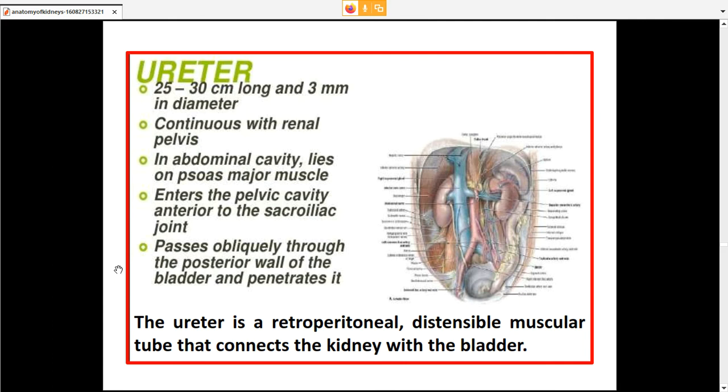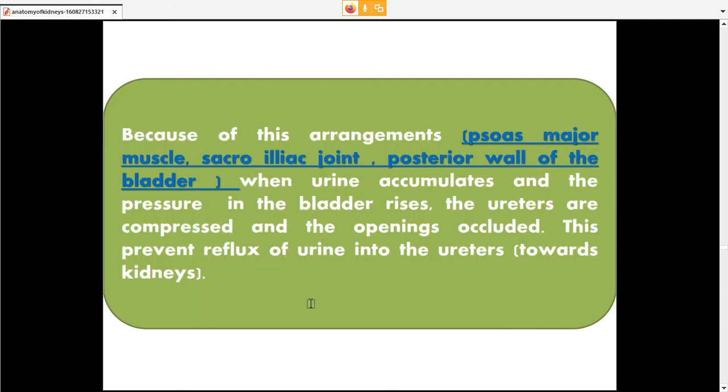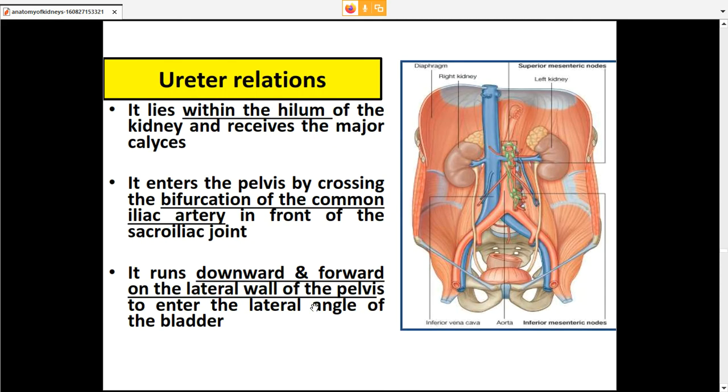So these are the measurements and the parts of the ureter. The measurement is 25 to 30 centimeters, and it continues with the renal pelvis. In the abdominal cavity, it lies on the psoas major muscle and enters the pelvic cavity. After that, it opens into the posterior part of the urinary bladder.